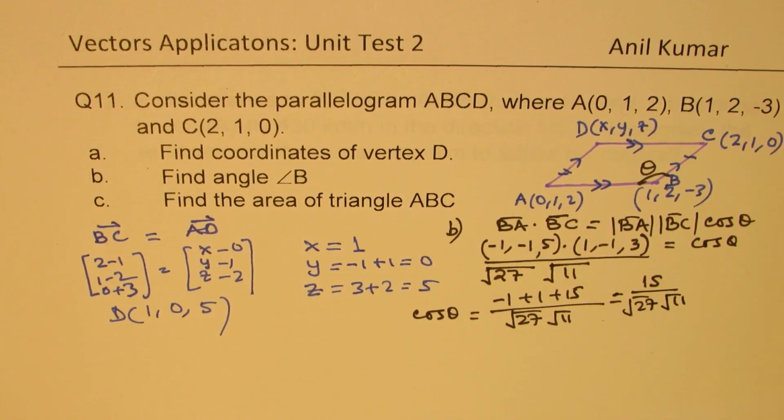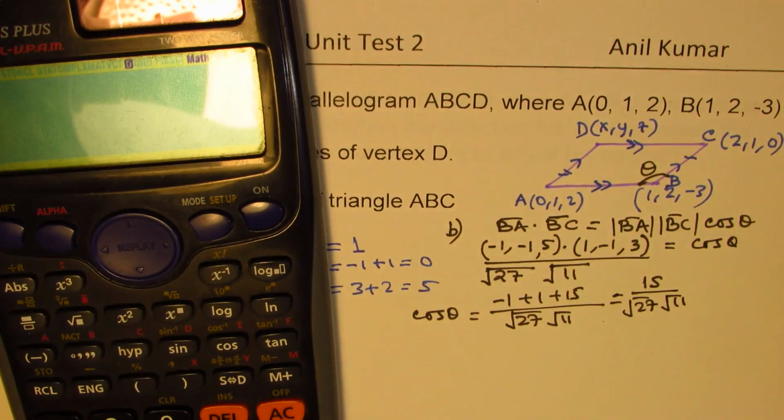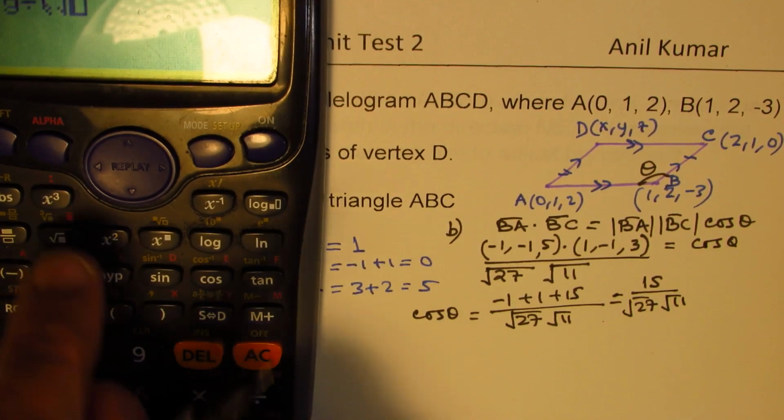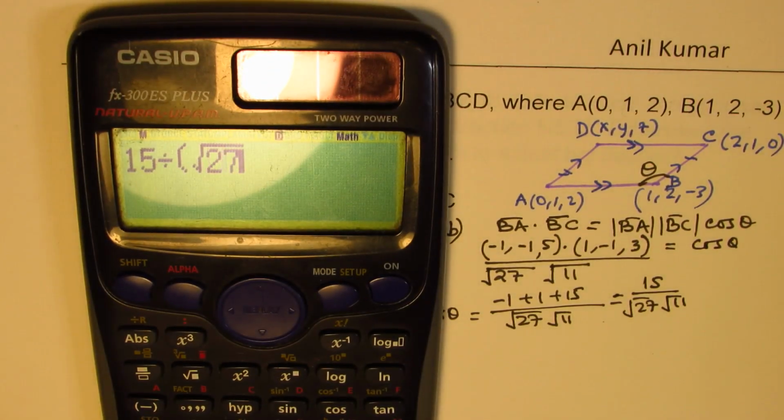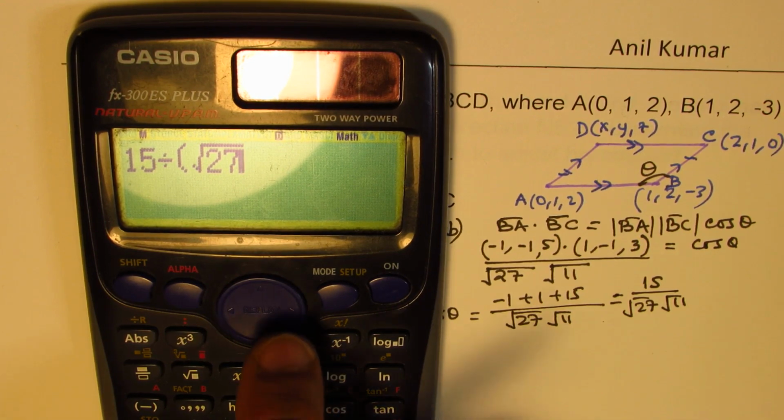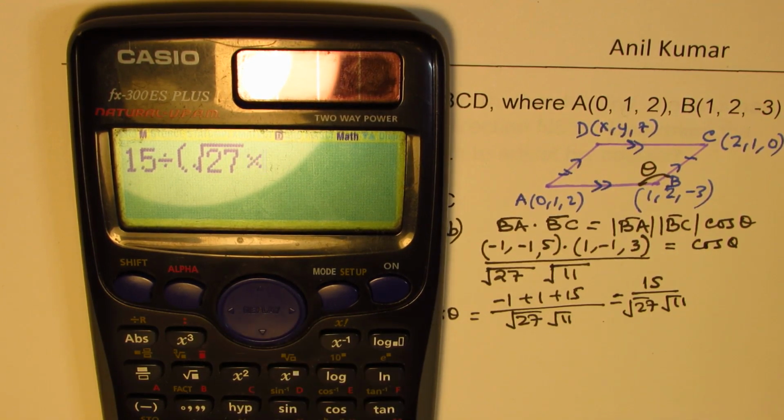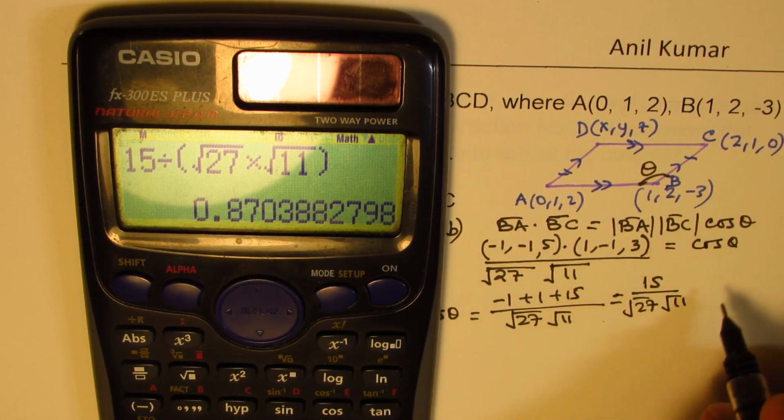Let's figure this out: 15 divided by, within brackets, square root of 27 times square root of 11.